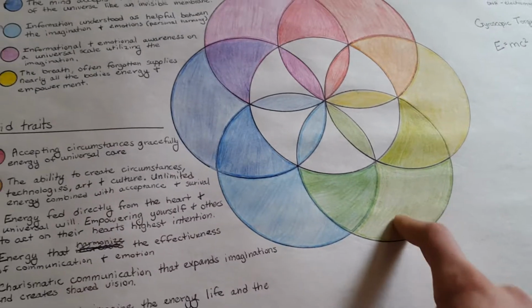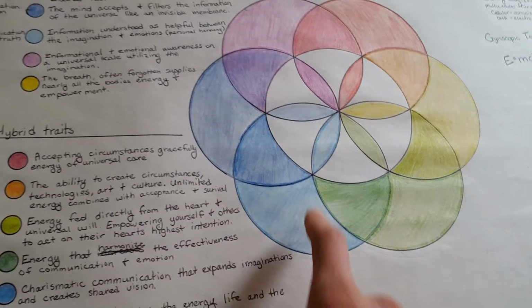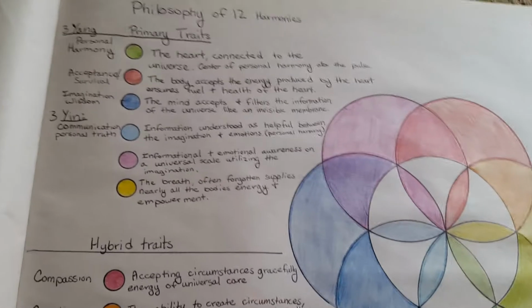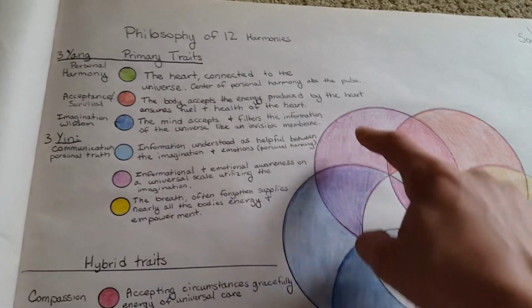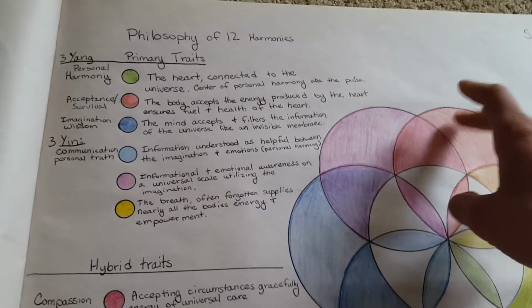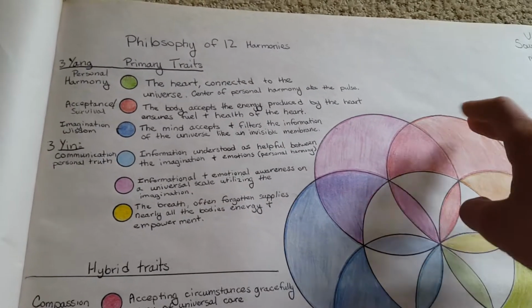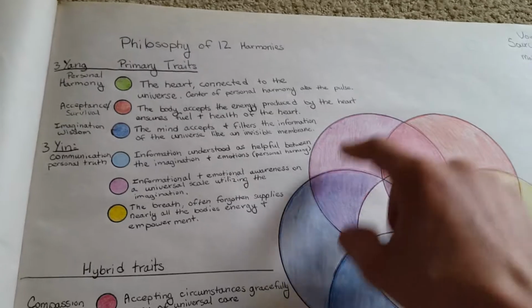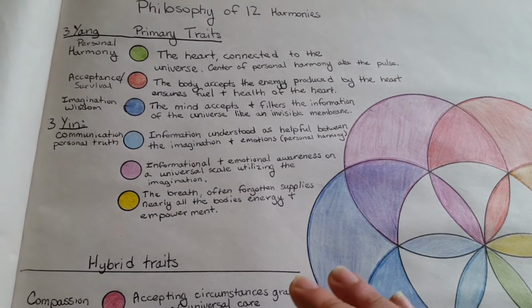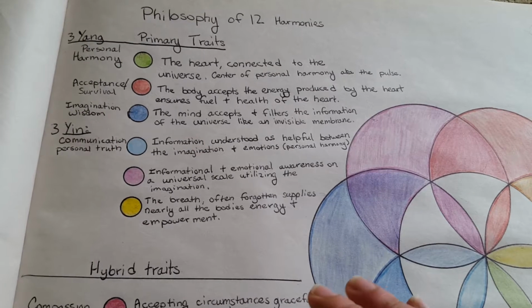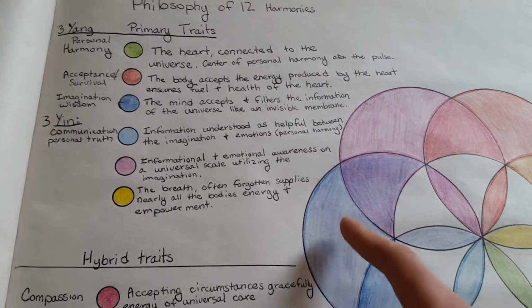Imagination and determination or emotion, you get communication. And then over here, you have universal connection, right? Which is between imagination and acceptance. So accepting everything surviving is universal. So it's information and energy awareness on a universal scale that utilizes the imagination.